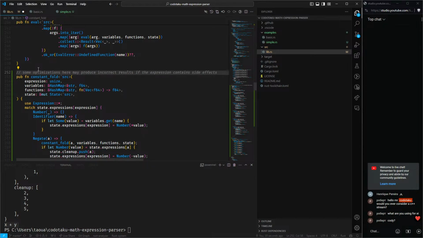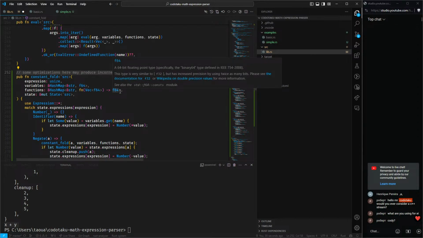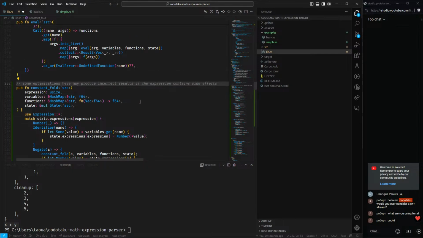This is a mathematical expression parser. We don't have any side effects. It's all pure. I mean, you can make a function and that function would do side effects. But that's your problem at that point. Not my problem. But maybe there is a way to actually enforce that in the type system in Rust.